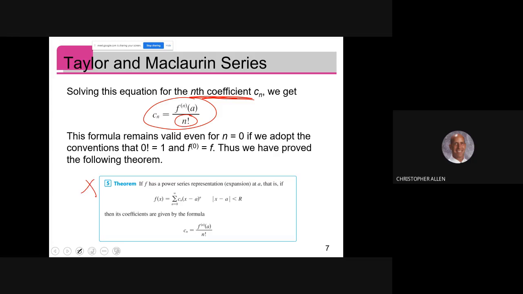So, important theorem right here. Theorem 5. If f has a power series representation expanded at A, then f equals, here's the power series representation, and its coefficients are represented here. The nth coefficient will be the nth derivative of the function at A divided by n factorial.